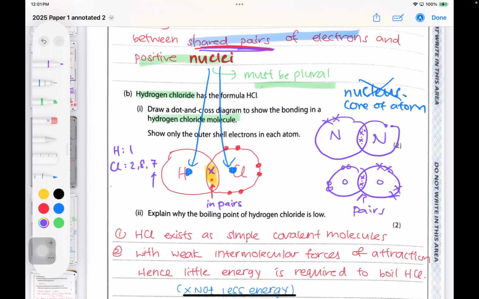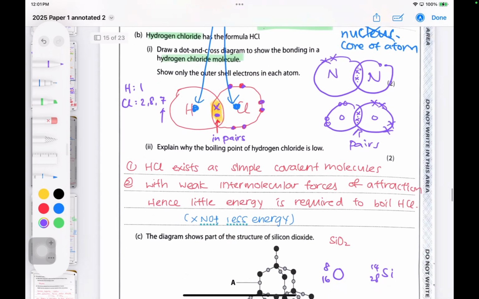Since it only requires 1 more electron to be stable, it will put that 1 electron in the sharing zone and the remaining 6 will be on the outside. Okay, so that's how we get our 2 marks over here. 1 mark for whatever's in the highlighted yellow sharing zone. The other 1 mark goes to the 6 electrons on the valence part of the shell, not sharing.